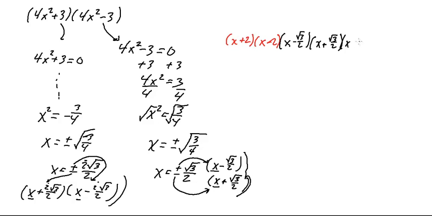I had x plus i square root of 3 over 2 and x minus i square root of 3 over 2, and I'm done.